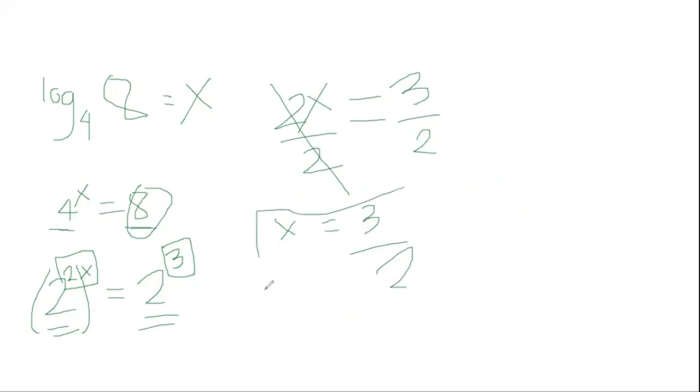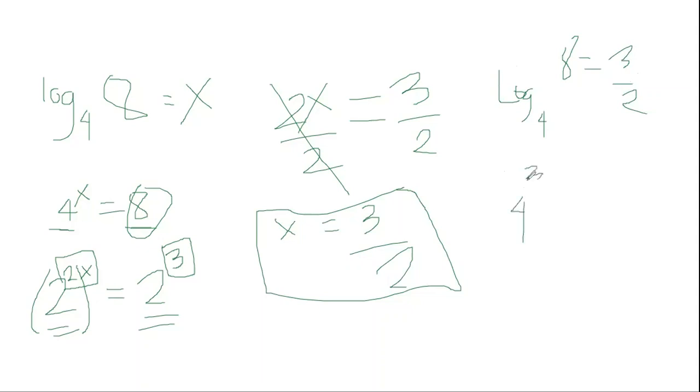Okay? So if you want to check whether your answer is correct, log base 4 of 8 equals 3 over 2. Let us see if it is correct. If we express this into exponential form, this will give you 4 to the power of 3 over 2 equals 8.